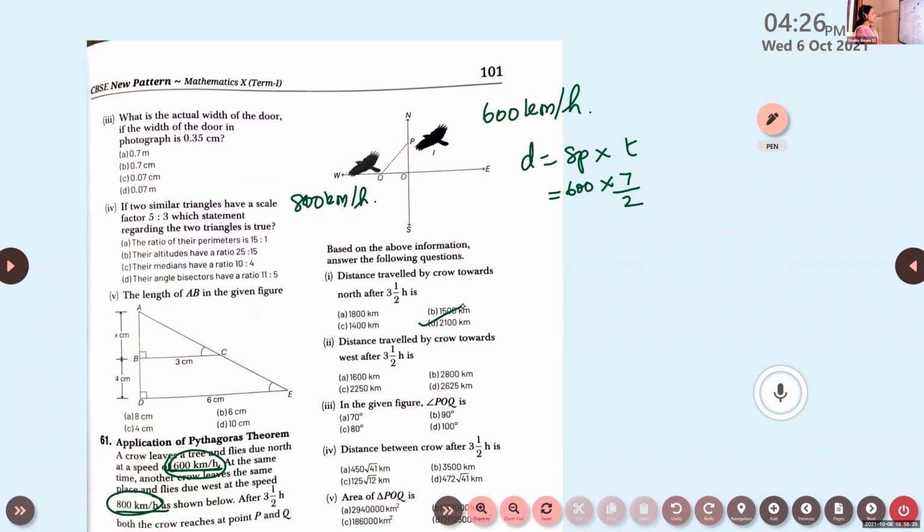Sixth one, Roman letter 2. Ma'am, this is not loading properly.